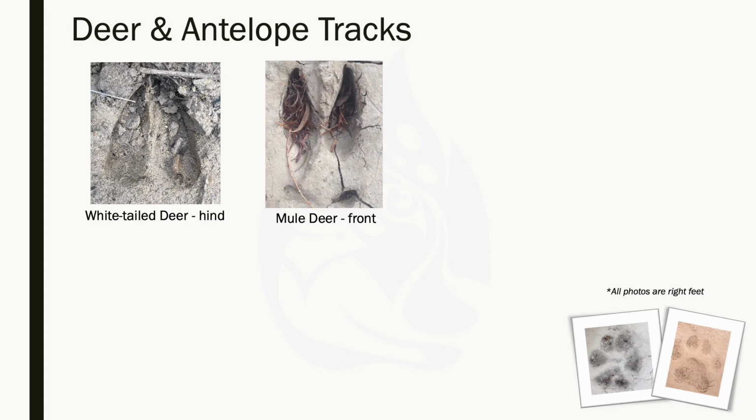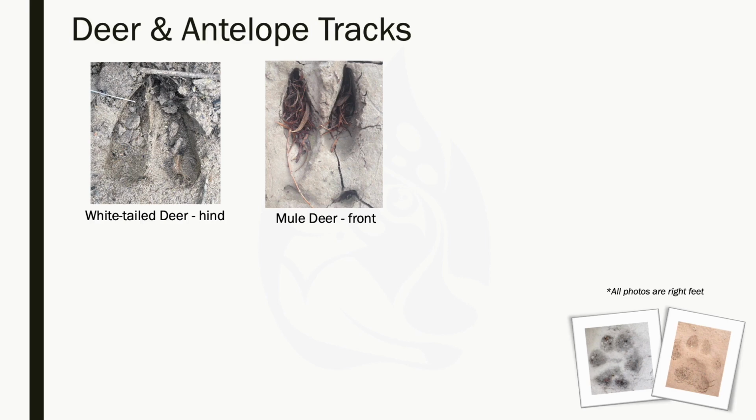Here's a mule deer, okay? First appearance, it's very different because this is not the heart shape. You can see that it's splayed, and that's because it was in deep substrate. But everything else is similar. The toes come to a point, they're teardrop shaped, the posterior edge of them is round. What you also see, again, because it was deep substrate, is that the dew claws registered.